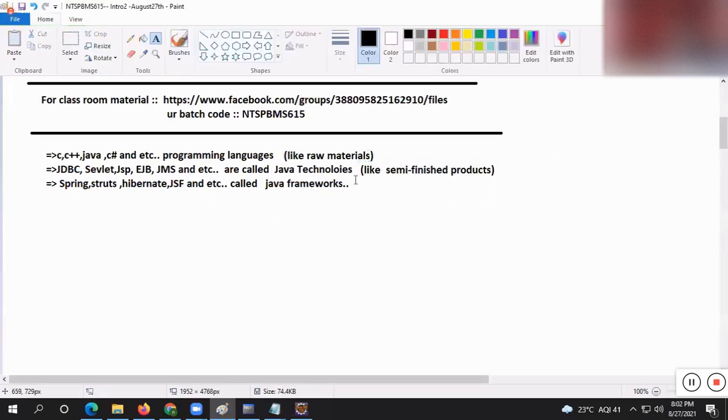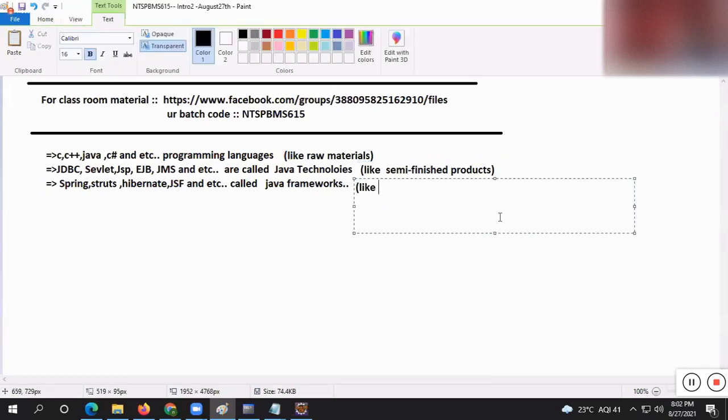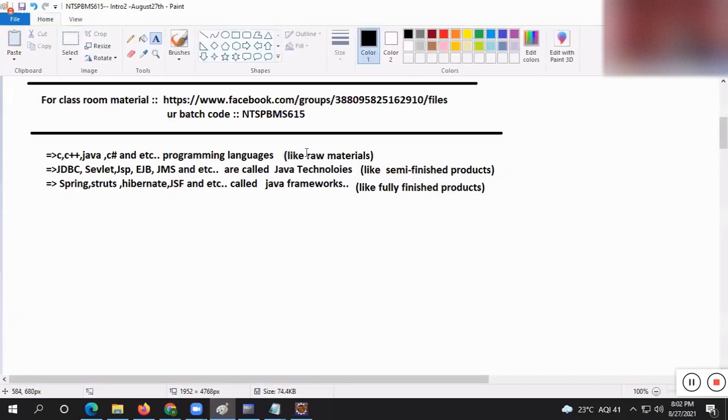And the last ones are like fully finished products. Now listen. Raw materials are like wheat granules and rice granules. To make them eatable, a very long and lengthy process is there.